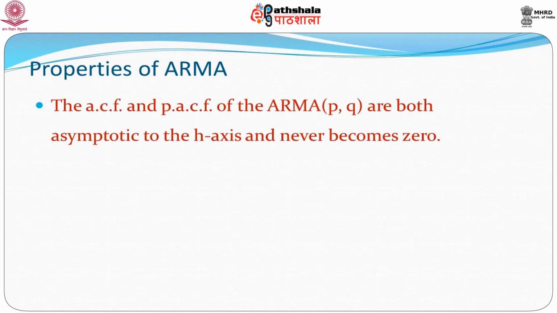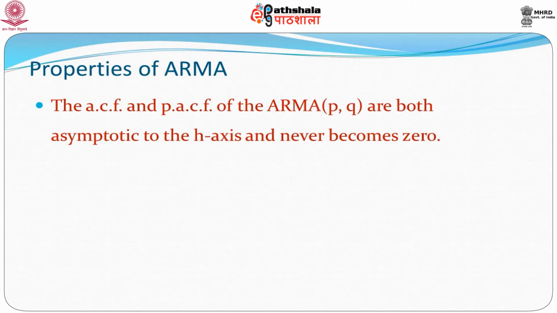So, it becomes asymptotic to the h axis. This is what happened for the AR process. AR1 has a correlogram which shows that the curve goes down to the h axis, but never coincides with it.